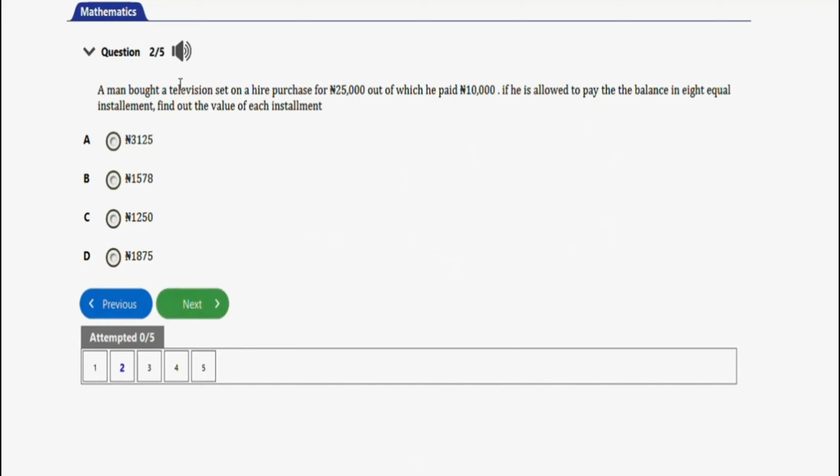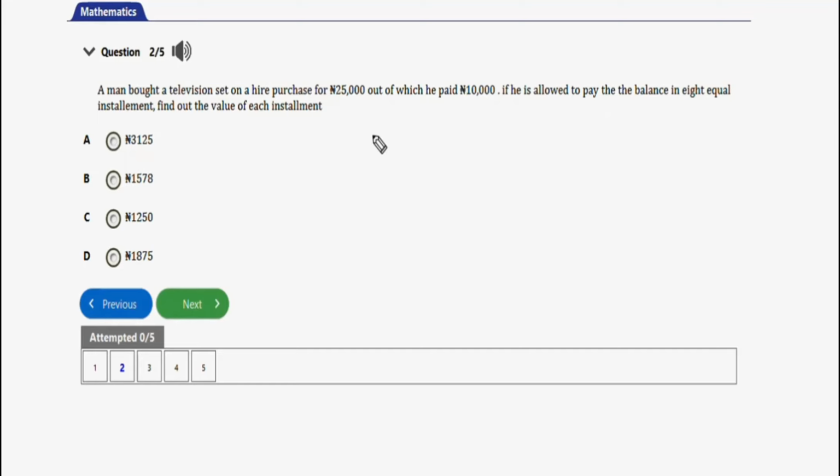It says a man bought a television set on hire purchase for 25,000 naira, out of which he paid 10,000 naira. If he is allowed to pay the balance in 8 equal installments, find the value of each installment.